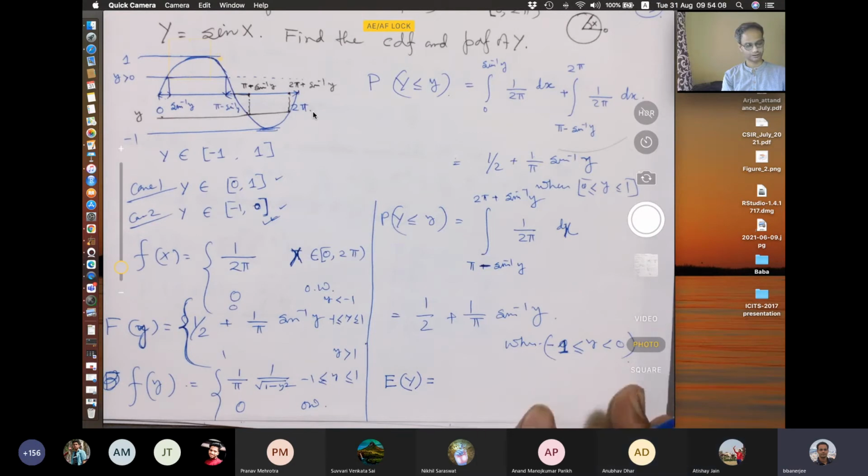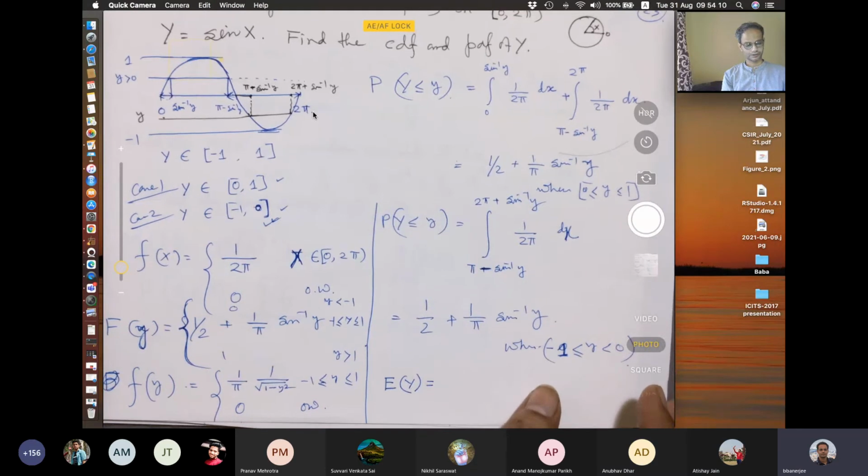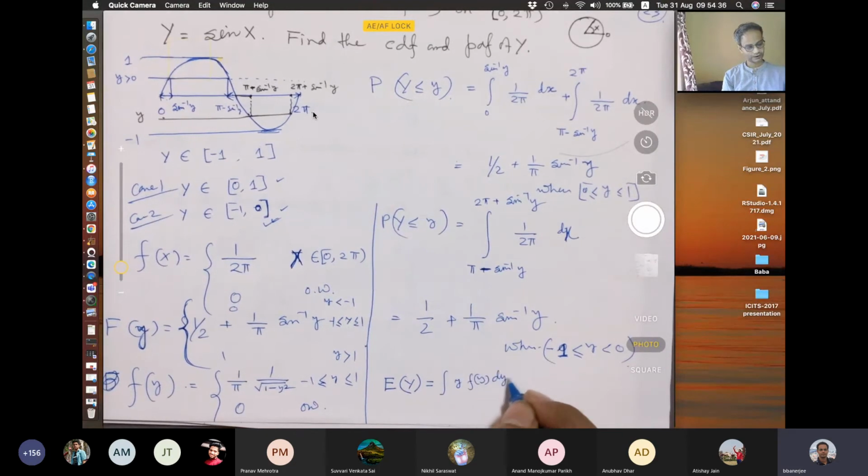Correct. But how to compute? So we can put the expectation of sine of x. Yes. So you can go by this, y fy dy, but that is not necessary.